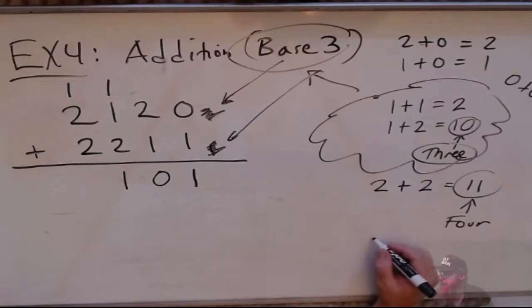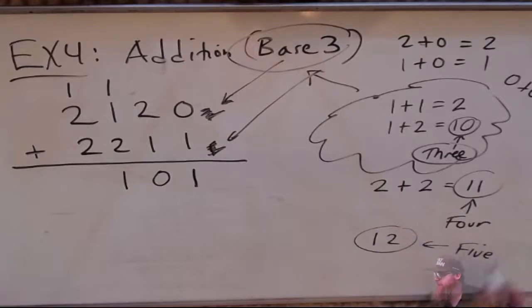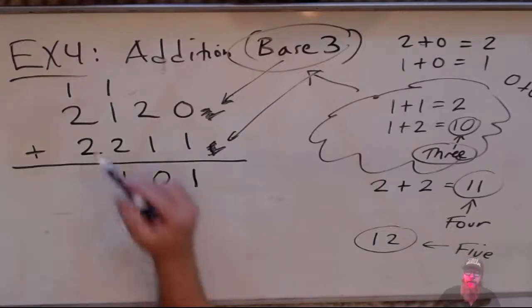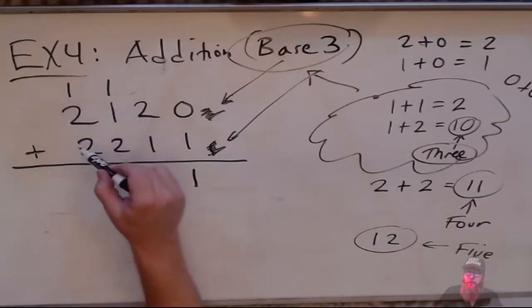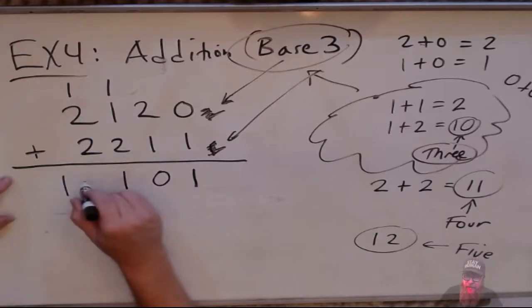And 5 looks like 12. So 1 plus 2 plus 2, that's 5, but you can't write the number 5.